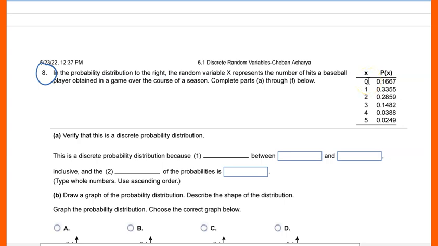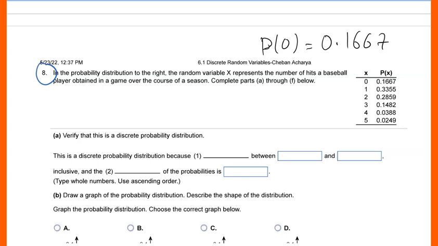In other words, the first number here is P of 0 equals 0.1667. That means the probability that the player hits 0 is 0.1667.